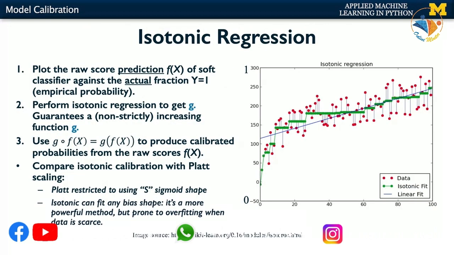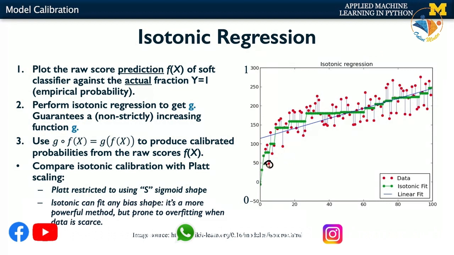The second and more general form of calibration method is called isotonic regression. So instead of assuming that the relationship between the predicted probability and the observed class fraction is a sigmoid, we use something called isotonic regression to obtain this function g. So in this plot on the right, we can see the original data points.